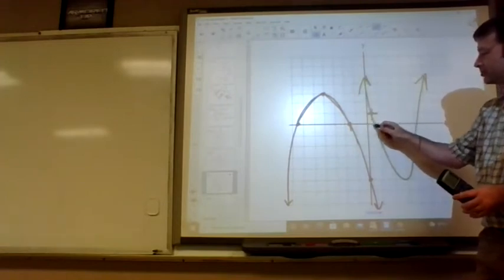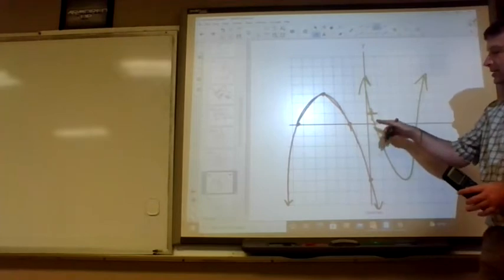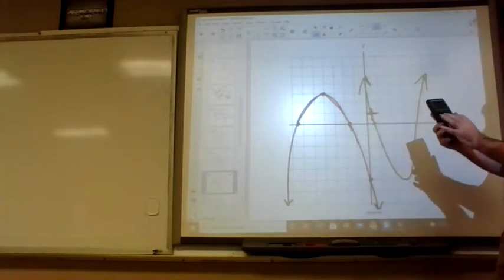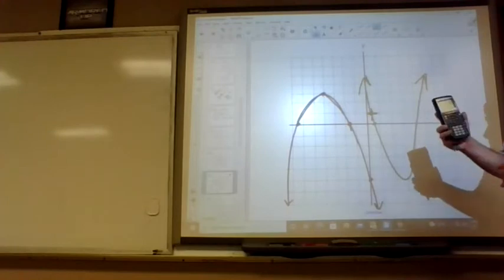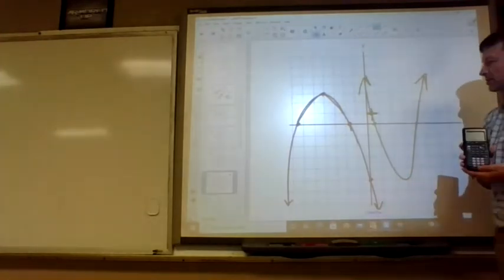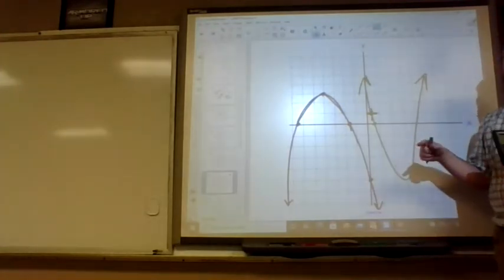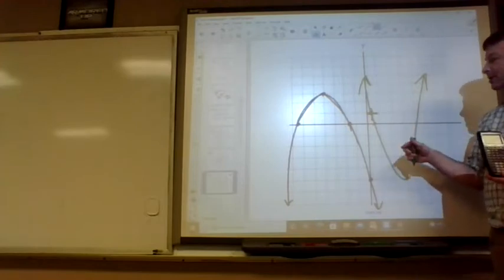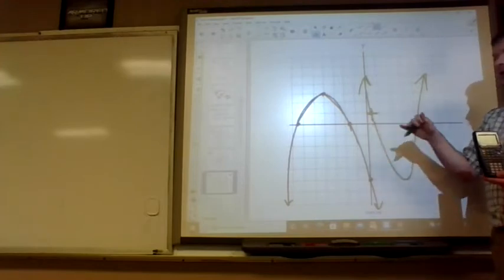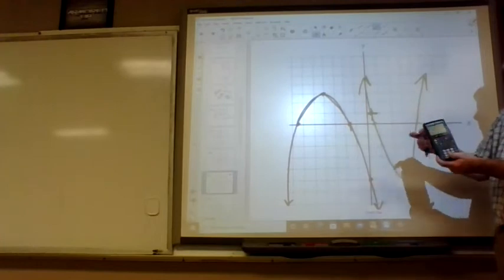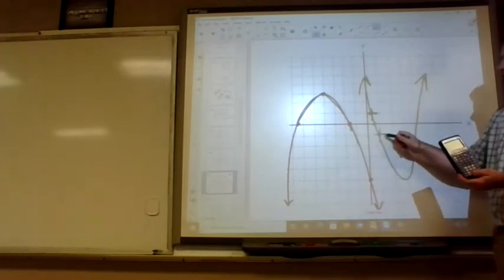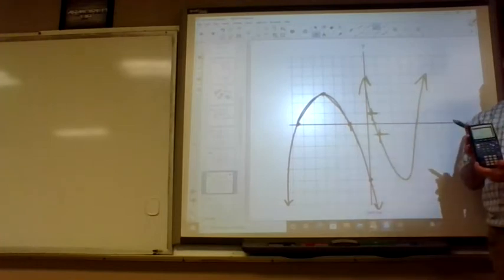We're trying to find this point right here. So move the cursor to the left of that and then hit enter. And then at the bottom it says right bound question mark. So you need to scroll over, use the arrow buttons and move the cursor to the right of that and hit enter again.